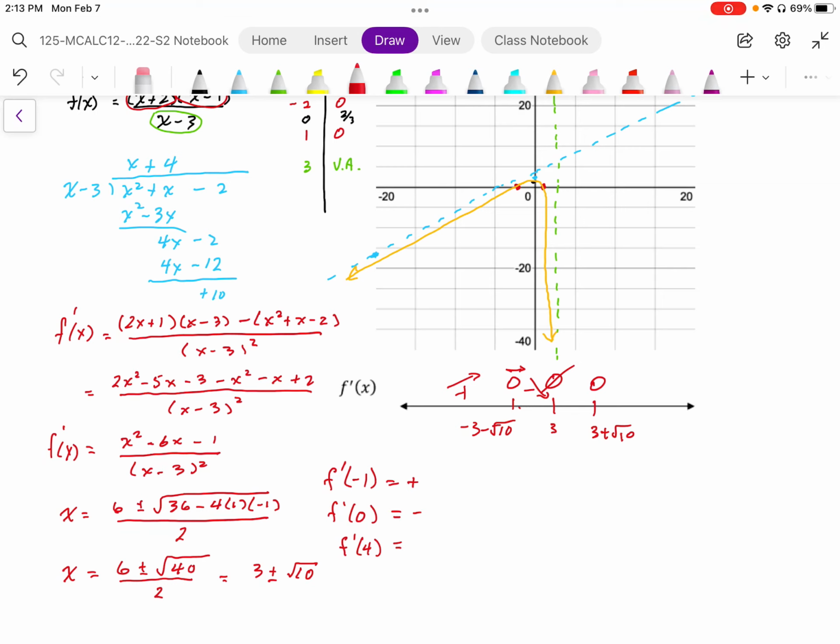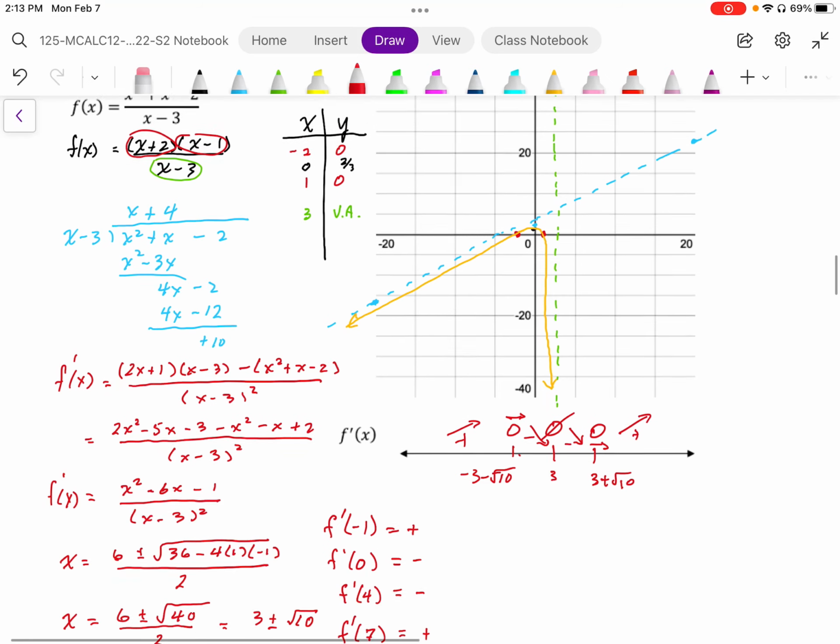F prime at 4, it's going to be 16 minus 24 minus 1, so it's going to be negative again. So we're going to have negative slope through here. That's going to mean that's a minimum. And f prime at, let's just plug in 7. We're going to end up with positive slope when we plug it into that expression. So there's our slope chart.